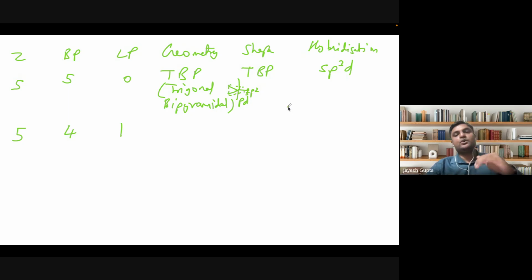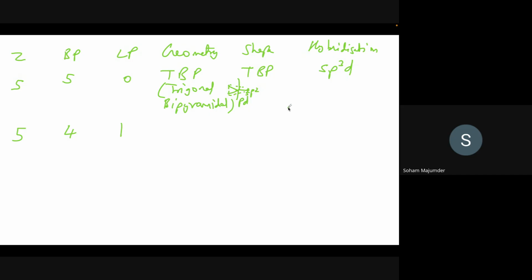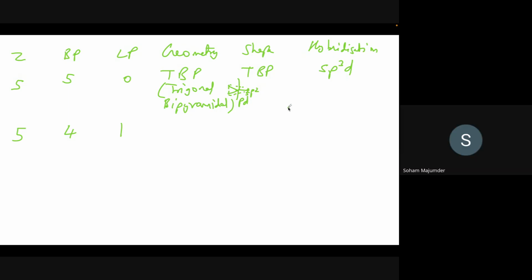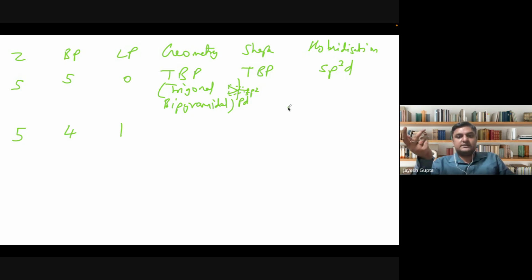So can you tell me out of this equatorial and axial, which one is having higher electronegativity? Sir, axial. No, here I told you hybridization of equatorial is sp2 because they are at 120 degree apart. And the axial which are above the plane or below the plane, their hybridization is pd. So out of sp2 and pd, which will have higher electronegativity that I am asking? Equatorial, because percentage S character is higher there. Understood or not?